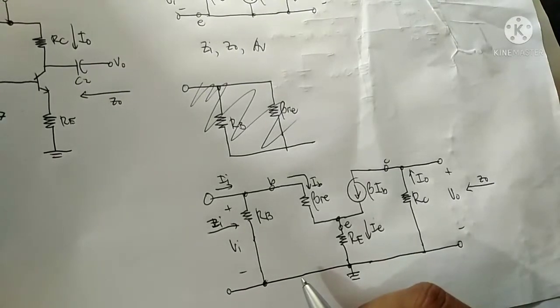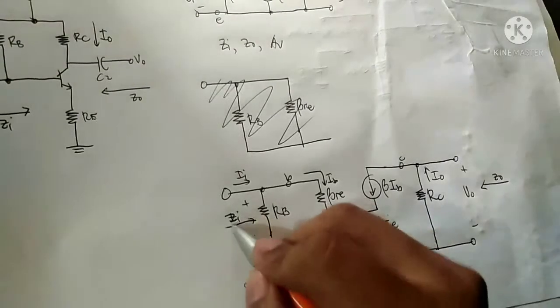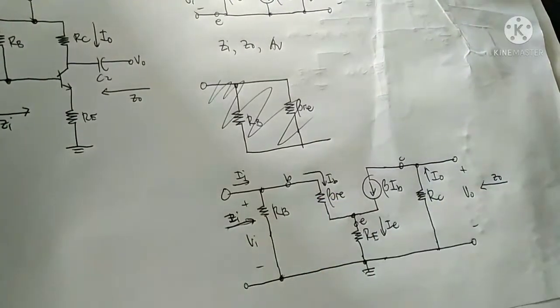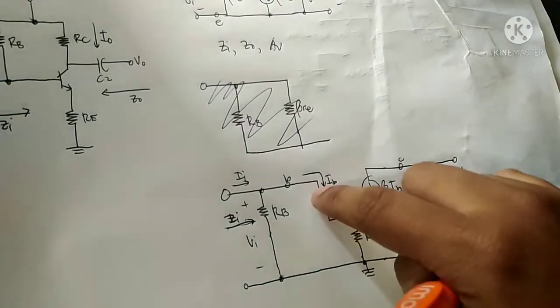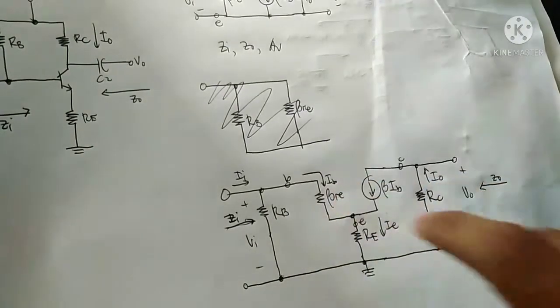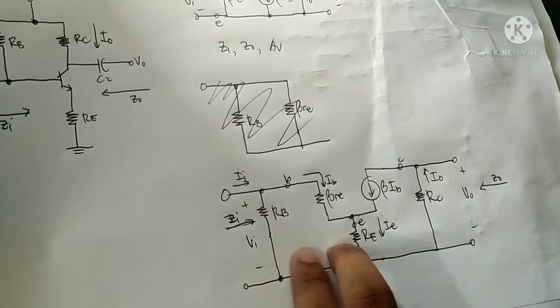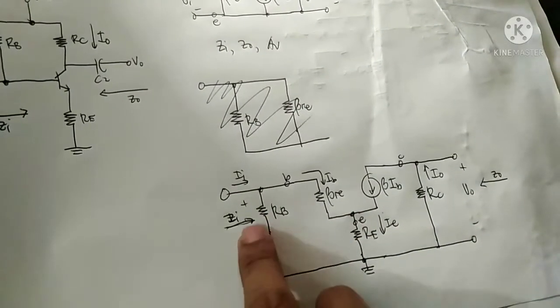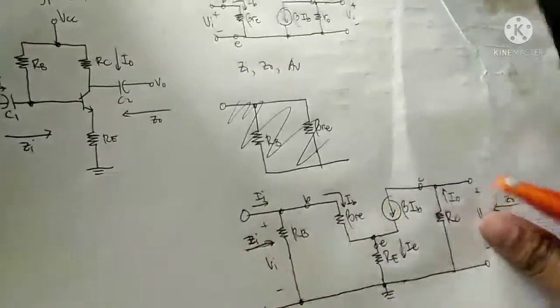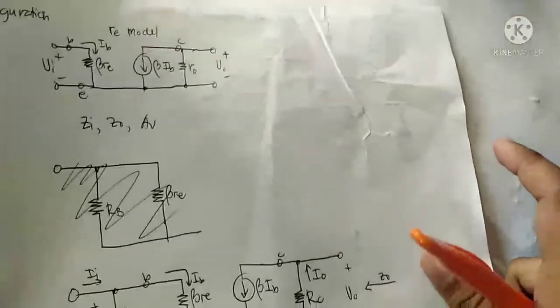In this computation, the input impedance Zi is seen here. We need to calculate the equivalent resistance of beta re and RE, and then put that in parallel with RB in order to calculate the input impedance.